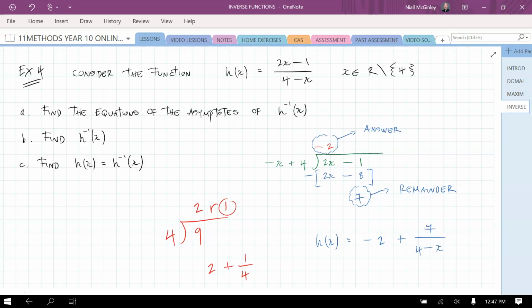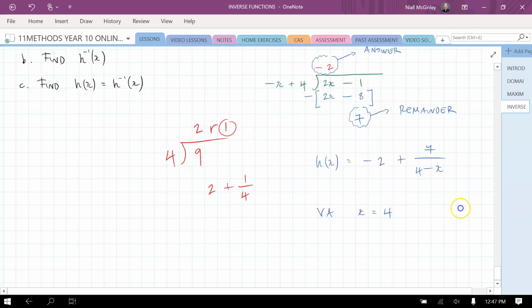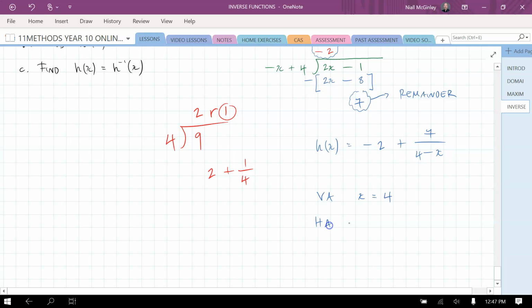The vertical asymptote here is going to be x equals 4, because when you substitute in 4 into this value of x here, you're going to return a value of 0, which is hence undefined. Your horizontal asymptote, now that we have it in this form, is going to be y equals negative 2. So remember, this is for h of x.